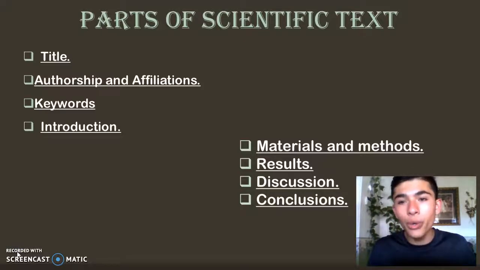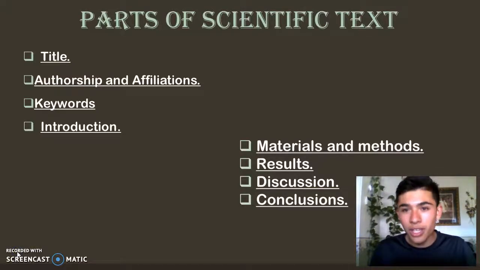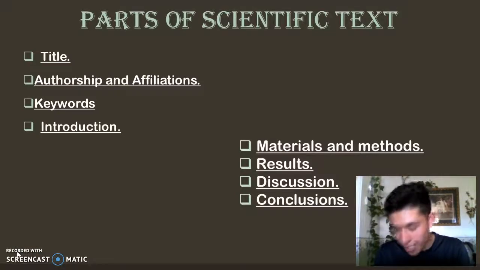Here we explain how the research was done, with what materials, experiments, subjects, and methods. Results. They can be data, interpretation, or comments in any case. They have to be very clear and concise.